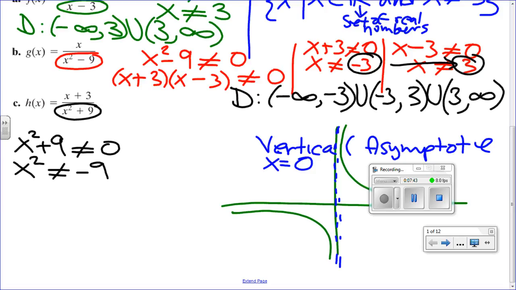And to solve this, you have to take the square root. And once we do that, we know that we have no solution in the set of real numbers. Correct. We'll have to use i.